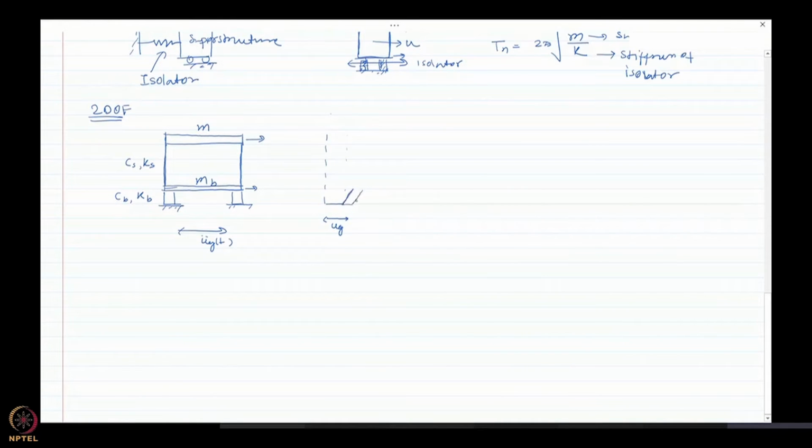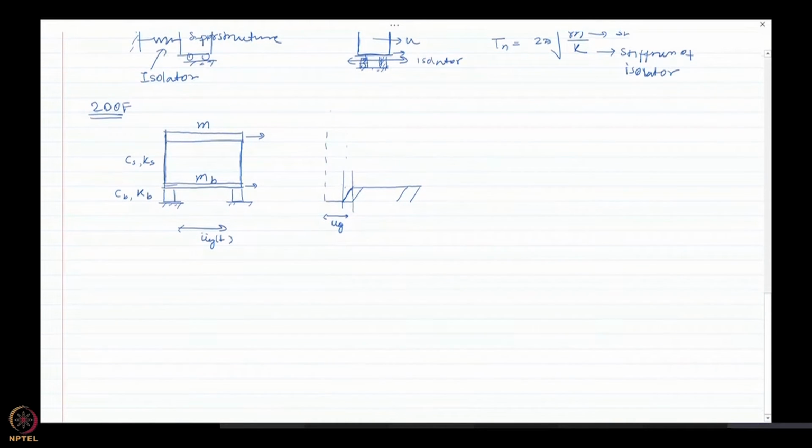Let us represent it through this deformed shape. And we will say that this deformation is actually VB. Let me write it here. This is V of B, this deformation here.